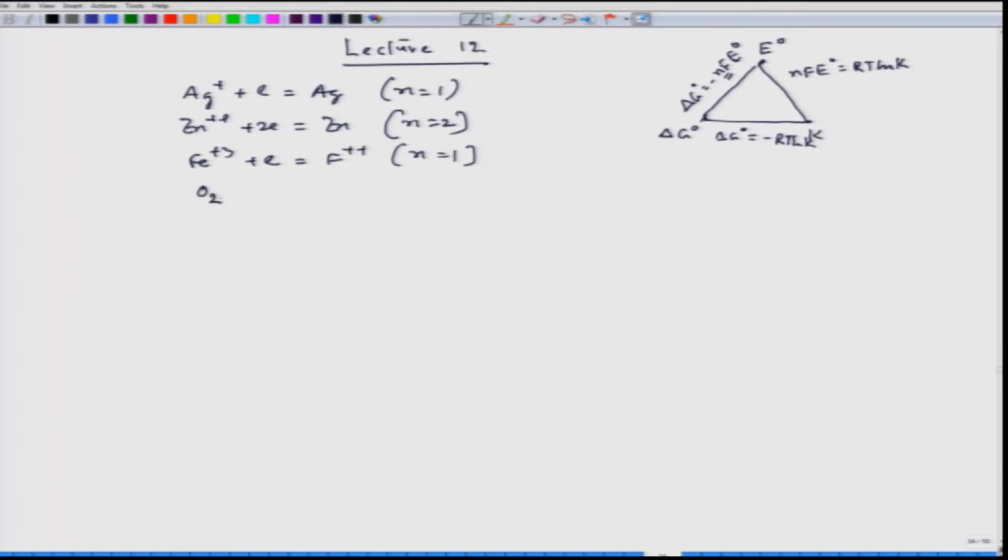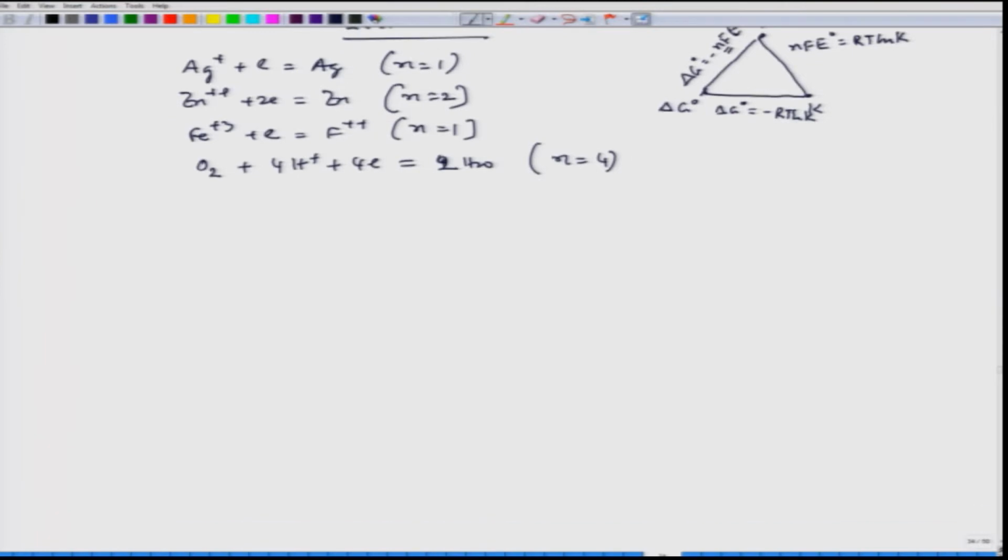Even we can have this relation where n equal to 4. And we have taken reduction reactions, and there is one more reduction reaction which we call H2, where n equal to 2.